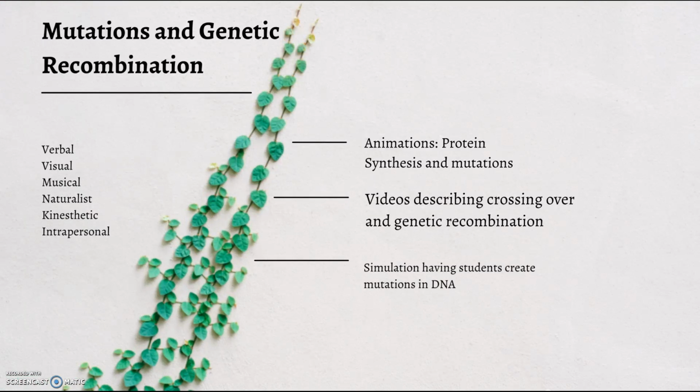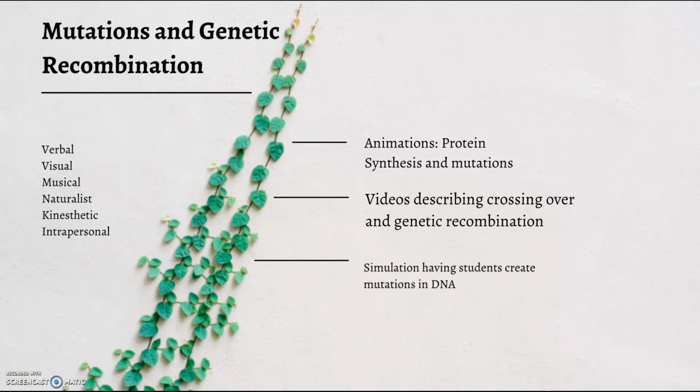Next, students will look at mutations and genetic recombination. Students will watch a video on meiosis and crossing over and discuss why siblings look similar but not identical. Next, students will watch a video on mutations and complete a simulation where they can create and modify a DNA sequence, add a mutation, and observe how the mutation affects the protein that's being made.